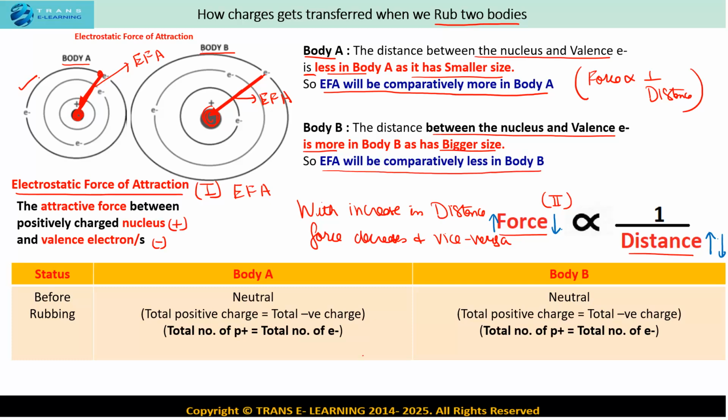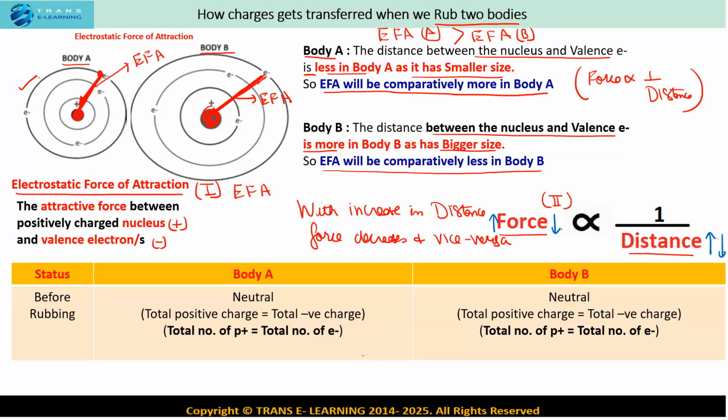So now if we compare these two bodies, we can say that the distance between the nucleus and the valence electrons is more in body B as compared to body A. So the electrostatic force of attraction in body A will be more than in body B. So this is the basis which will help us to understand why one body loses electrons and the other gains.